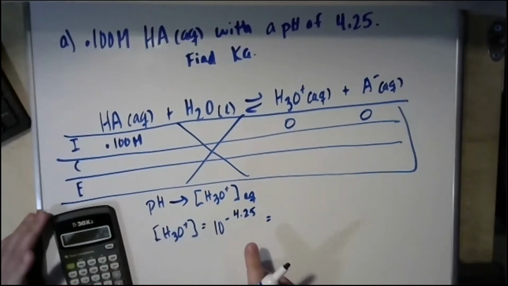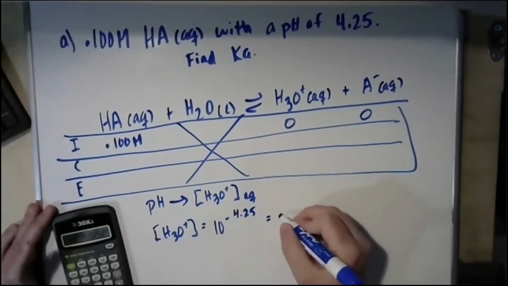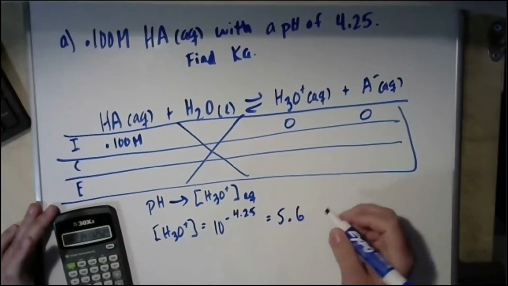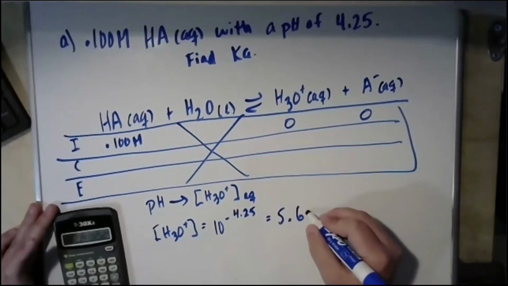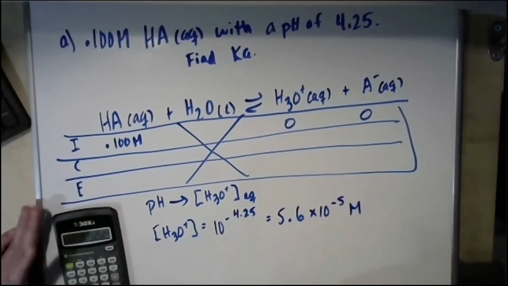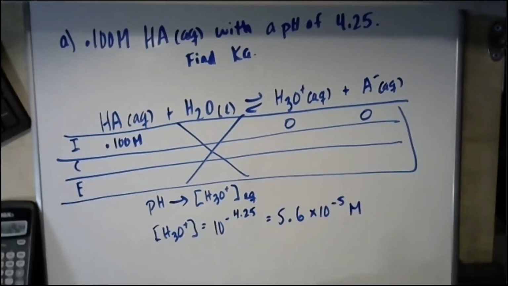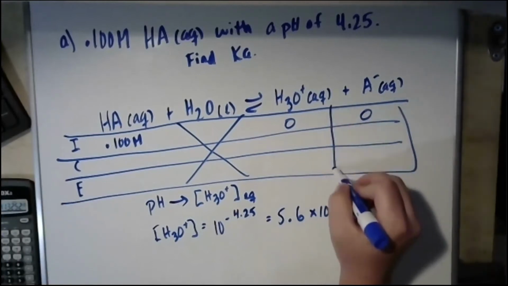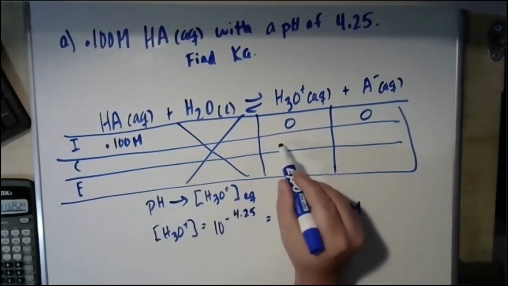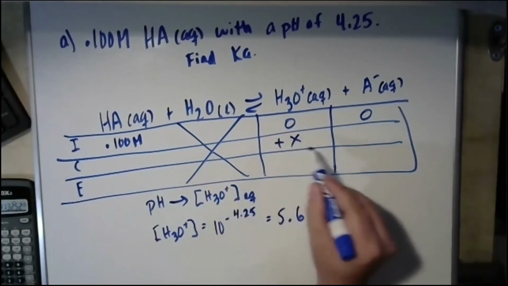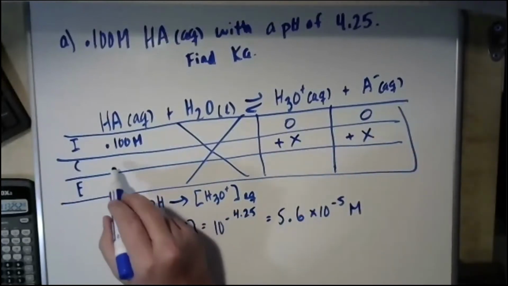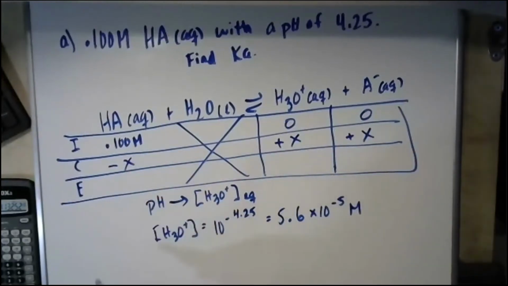All right, and we end up with a hydrogen ion concentration at equilibrium of 5.6 times 10 to the negative 5 molar. Now remember from our last set of ICE tables, these values over here are our plus X values, and this value over here was our minus X value.